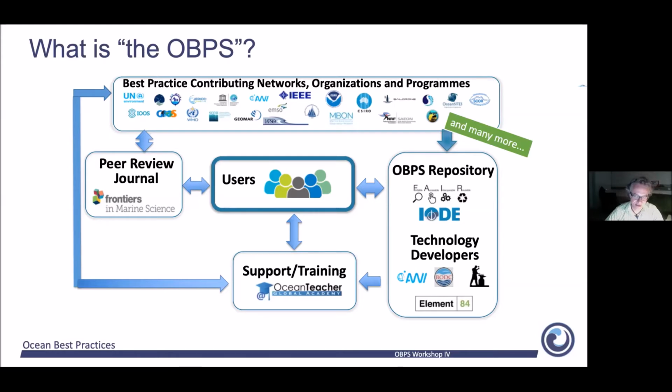And finally, there's also a journal connected that helps to publish work related to best practices in an open access domain, which is Frontiers in Marine Science. And in the center of everything, you see the users, who are really the suppliers also, but also those who take up what's being produced and created within the Ocean Best Practices system, and the system is designed around that.